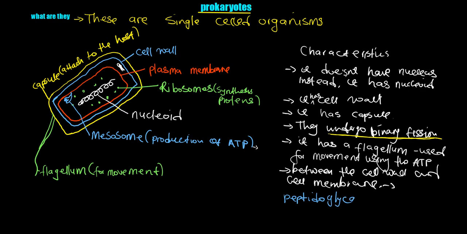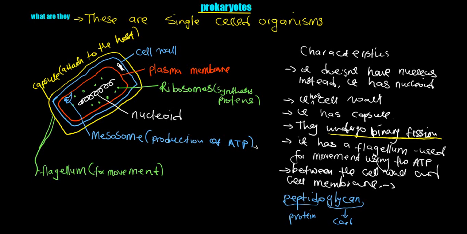So this peptidoglycan, the peptide part simply means protein. Relating to protein is a peptide, something like a peptide bond. Then glycan relates to glucose, which we can call carbohydrates.